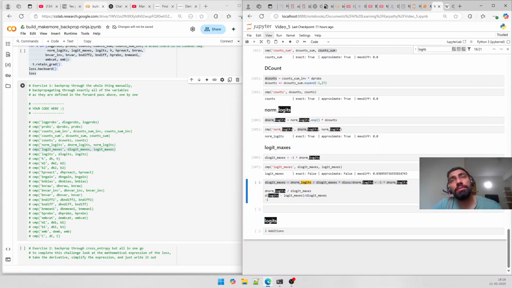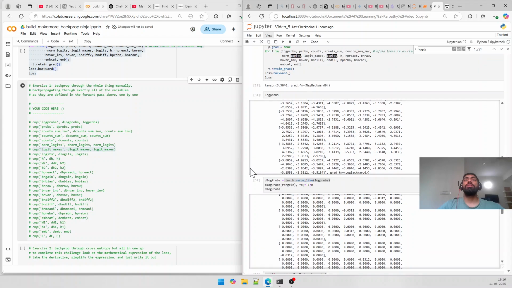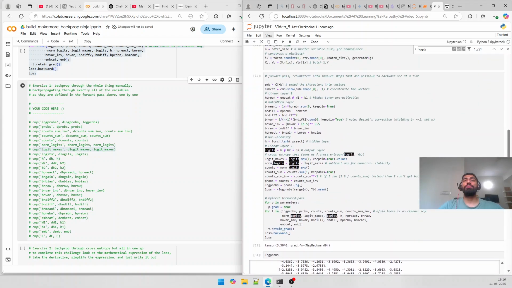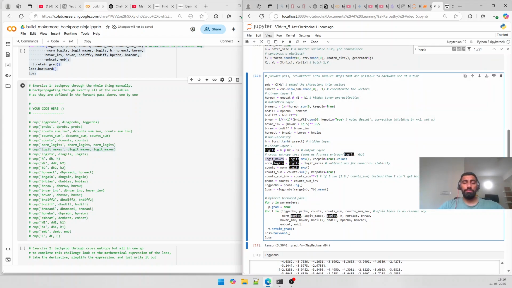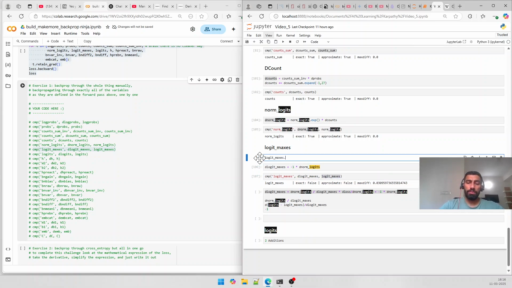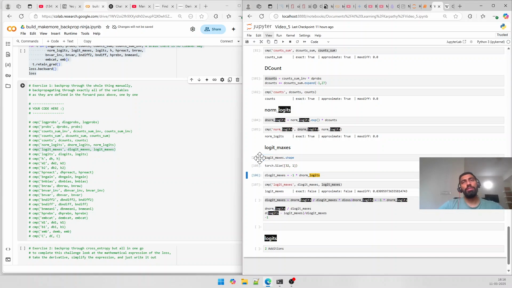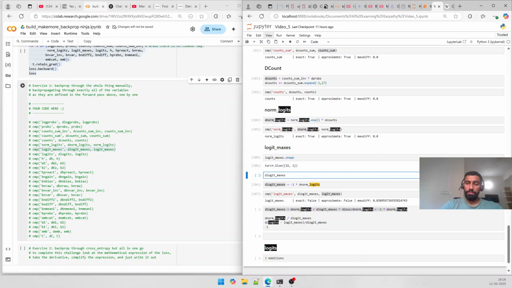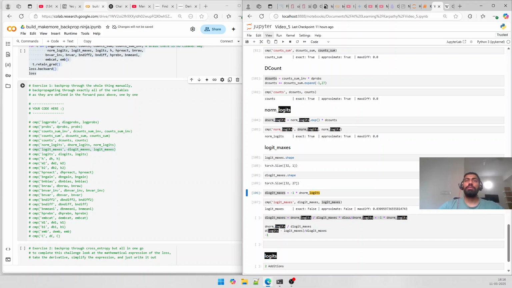I think there might be an issue with respect to the shape. Logit maxes, how it should be. I got it. So it should be like this. So here it will be 32 by 1.